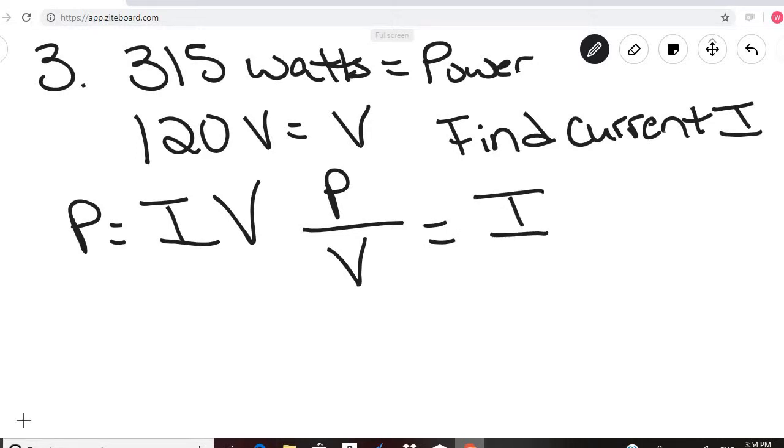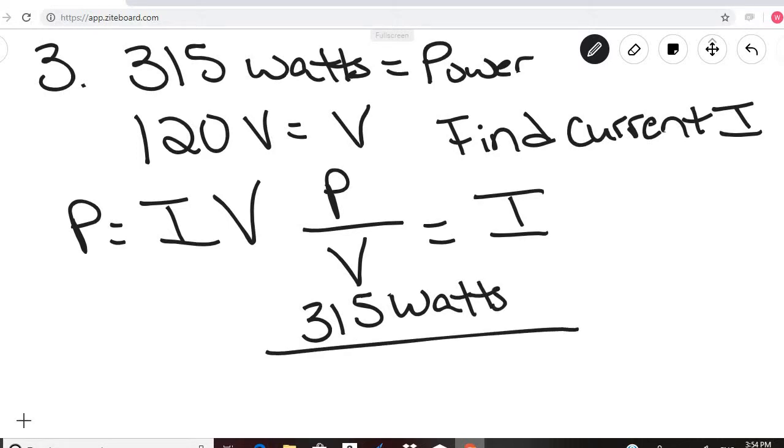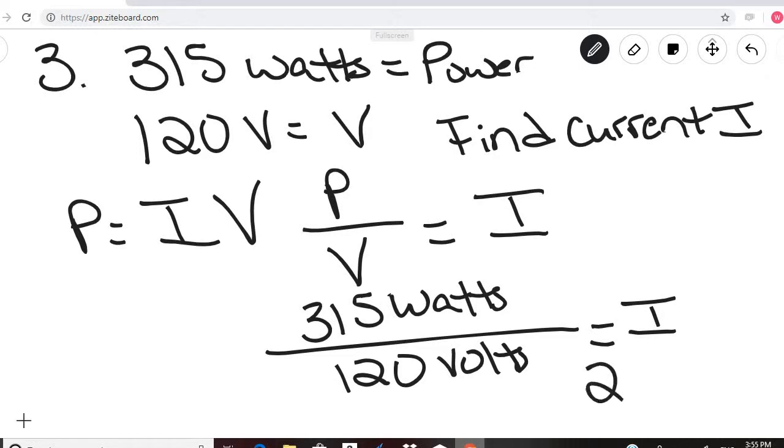Okay, so the power is 315 watts divided by the voltage, which was 120 volts, and that will be equal to I if we do our math. And with two significant figures, a watt divided by a volt is an amp, so it's going to be 2.6 amps, or 2.6 capital A.